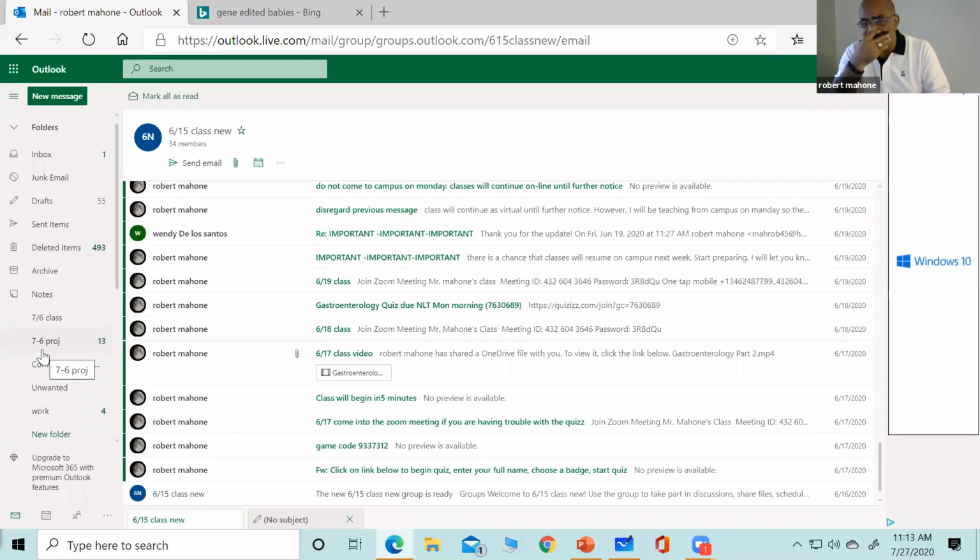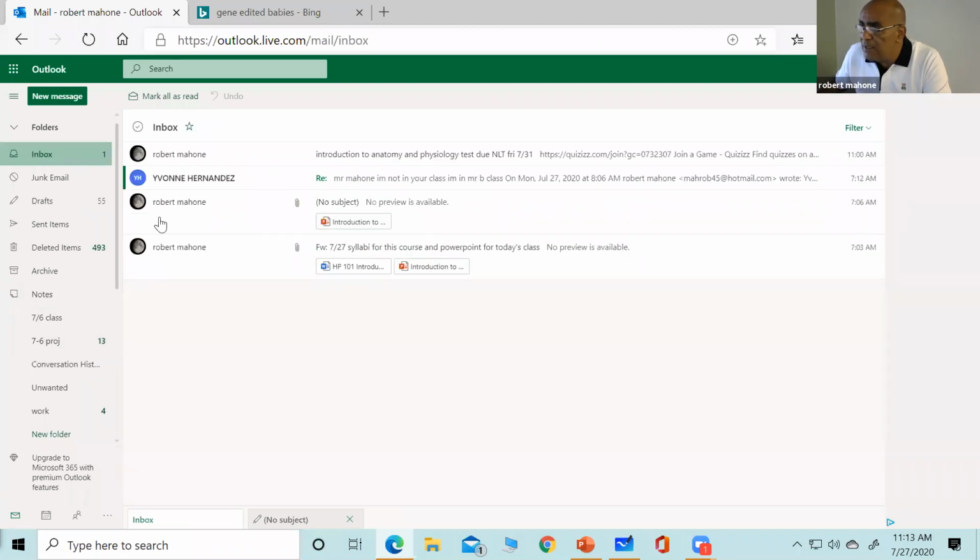So if 2 weeks from now you're wondering, what was on that syllabus? Oh man, where did I put it? You can always go back to that original email and download it again. So always keep the emails and the assignments. You can always go back and pick up assignments and dates and what pages were due and things like that. So don't delete emails until you are totally done with that class.